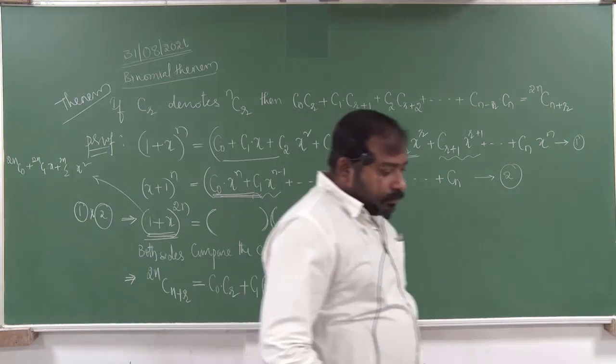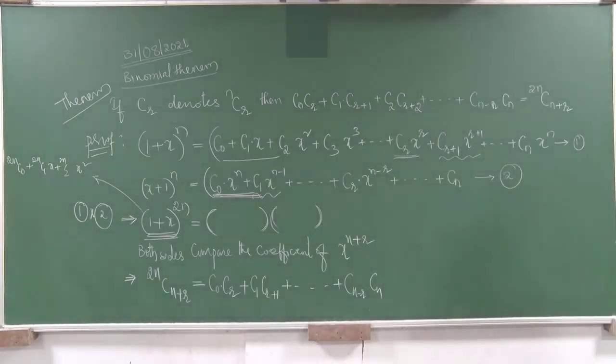So here if you observe, the only thing is we just wrote the 1 plus x whole power n expansion and the x plus 1 whole power n expansion. Just multiply them. After multiplication, I am comparing the x power n plus r coefficients on both sides.